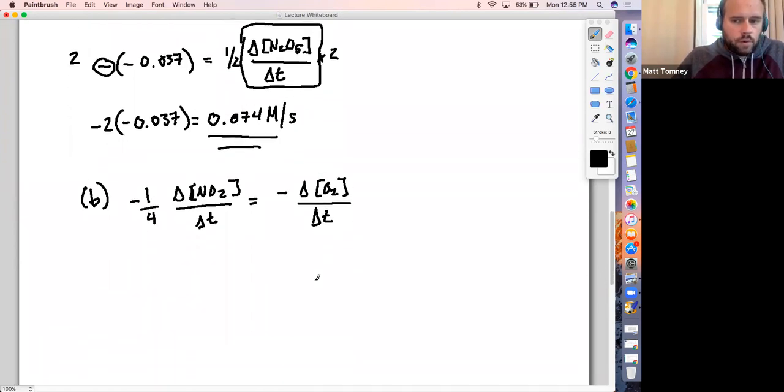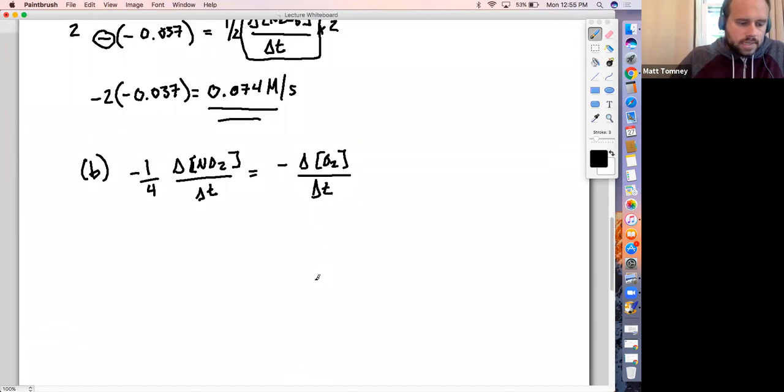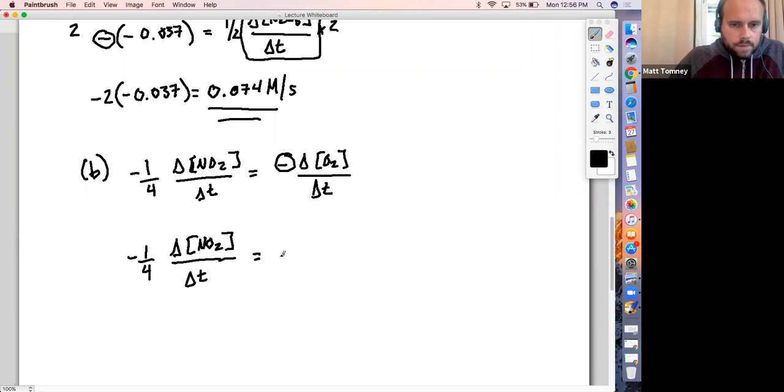Okay, so moving forward with this, what I can say then is I've got -1/4 delta NO2 over delta T, and that is going to be equal to, now let's actually put the value in here, a negative, so keep that negative there, and then what is the value of delta O2 over delta T?